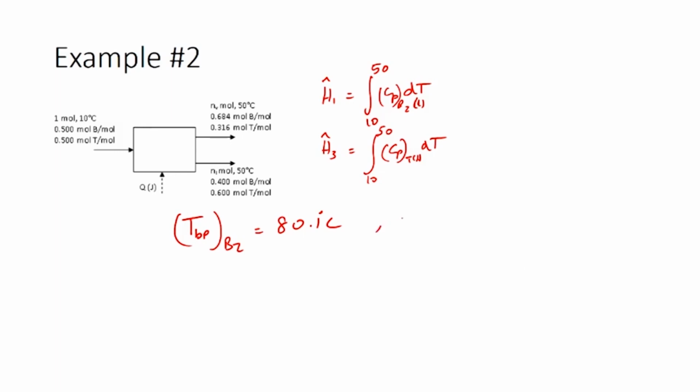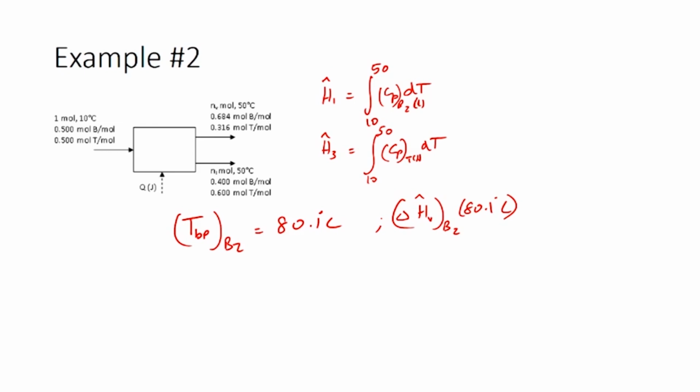This value would be represented as delta H cap V of benzene at 80.1 degrees Celsius. Let us say this is available. Now, our process actually does not reach 80 degrees Celsius based on what is given here. However, we have the data for enthalpy change of vaporization only at 80.1 degrees Celsius.